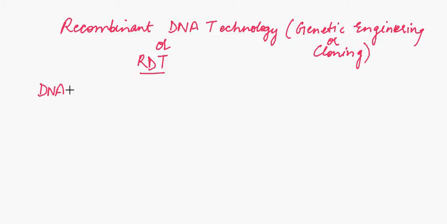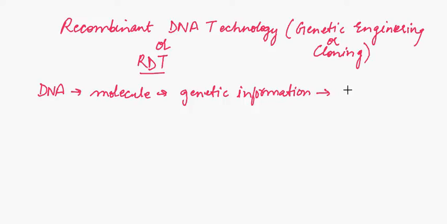DNA. What is DNA? DNA is the molecule which has all the genetic information in it for carrying out all the functions in all living organisms. And the DNA molecule is made up of nucleotides.